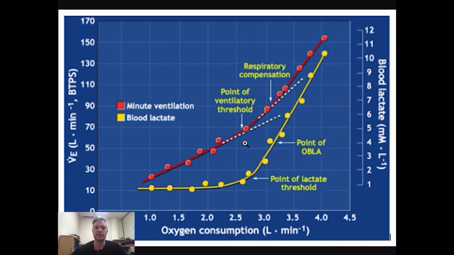So again, we've just left our aerobic zone. We are now in a crossover point where both the aerobic and anaerobic systems are working quite readily. But once we hit this 4, we hit respiratory compensation, and that's our VT2, or ventilatory threshold 2. When we hit that, we are for certain in our anaerobic zone, predominantly using that as our main source of ATP, and we have a very limited amount of time in this work zone.